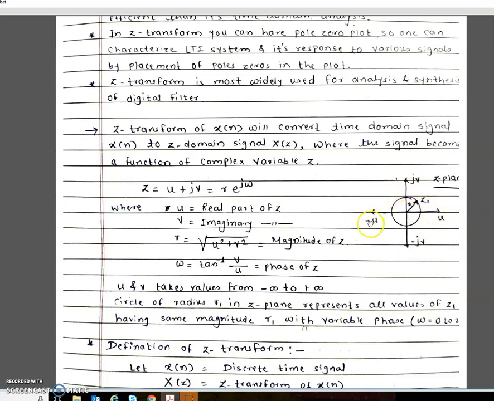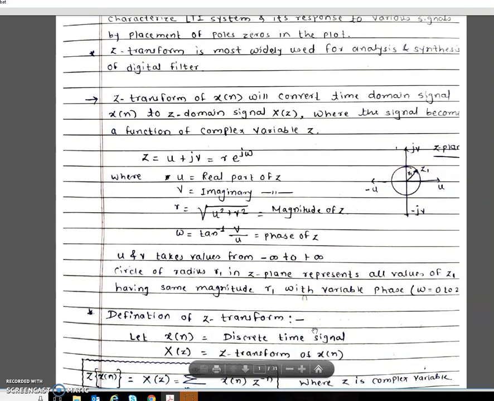This circle is also called the region of convergence, where the value of X of z, the Z transform, that you get is a finite value. And if the system's output is finite, then the system is stable.